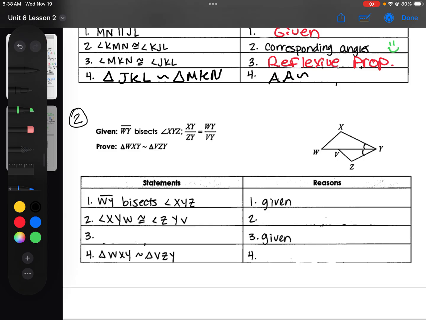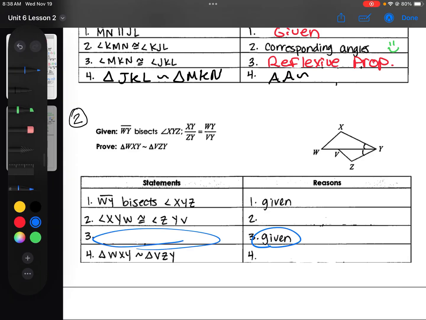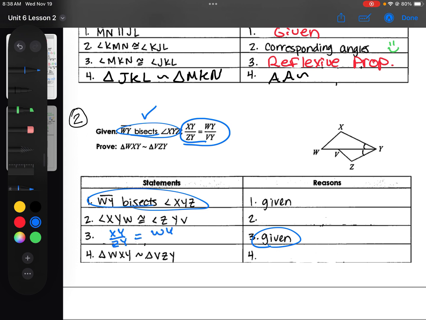Your second proof. The given information is already marked in the proof. We can see that. Looks like we have a blank here, and we need to fill in the missing given information. So I'm looking, we've got this already, so this part is good, but we are missing this given information. So I'm going to write that in. Okay. And then number 2 here, we've got 2 angles that are congruent to each other.